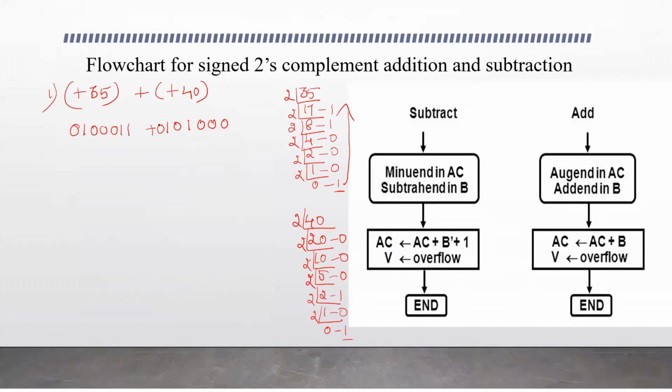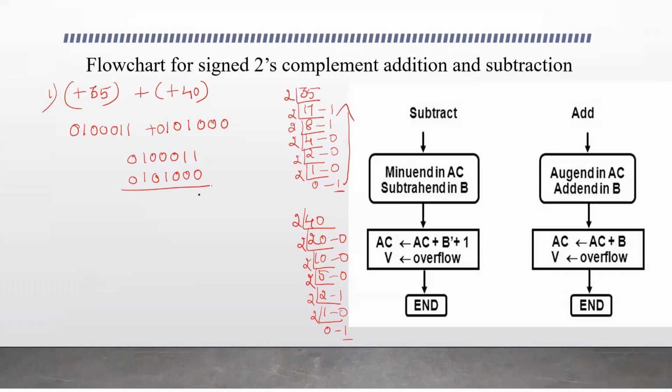You need to remember that this is 2's complement addition and subtraction. In signed magnitude representation, we take the sign of A in AS and the sign of B in BS. Here the sign bits are considered together with the other bits, and we add and subtract. So to add now, it is 0 1 0 0 0 1 1, and the second number is 0 1 0 1 0 0 0.